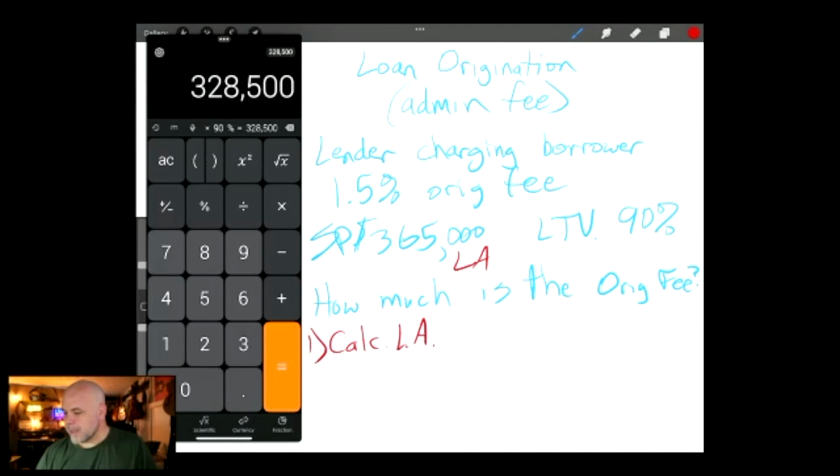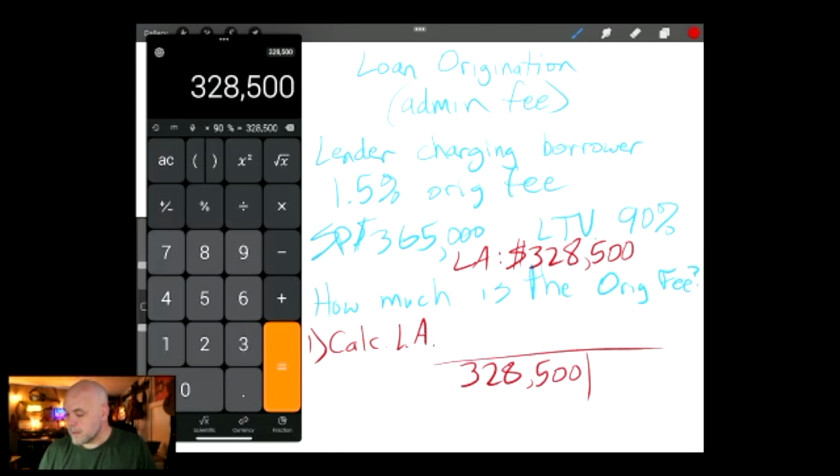So our loan amount, first step is the 328.5, right? We're going to take our loan amount of 328.5 and multiply it by the origination fee percentage. That means the dollars we're paying in origination fee are $4,927.50.